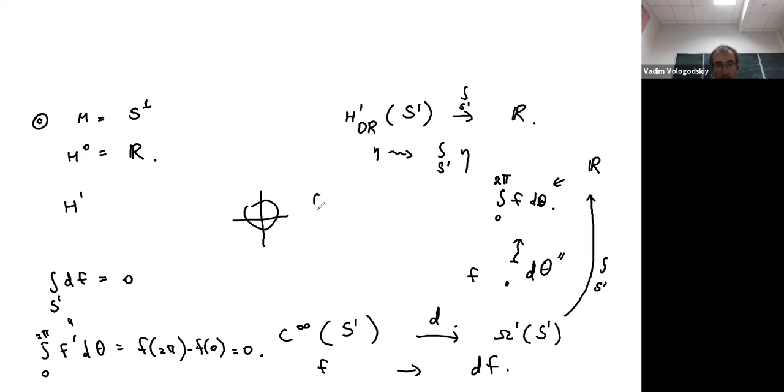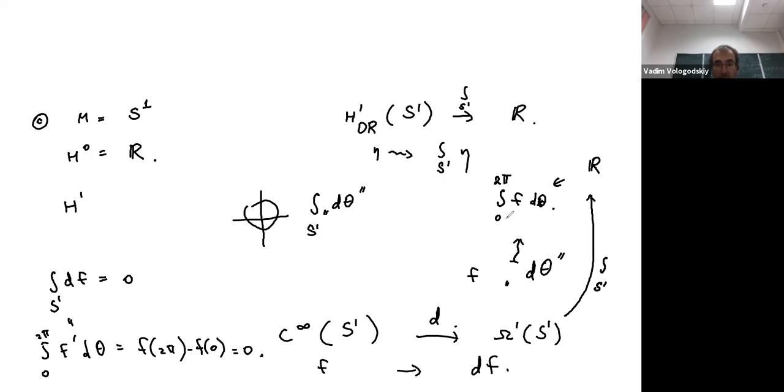For example, the integral of d theta over S1. Well, it's easy to compute, because you can take a very small number epsilon and integrate from 0 to 2 pi minus epsilon.